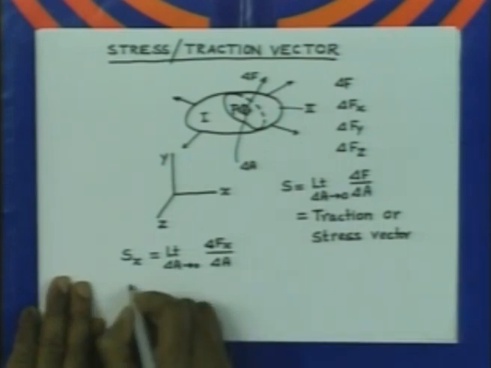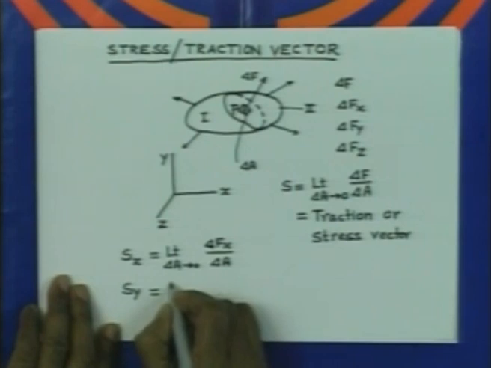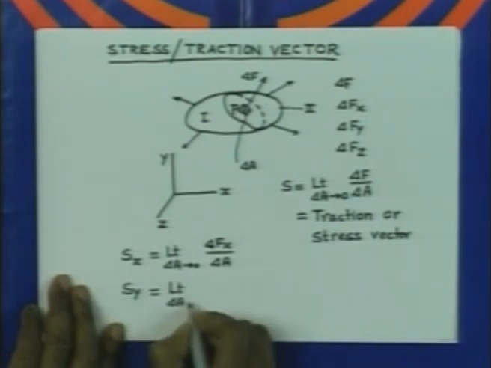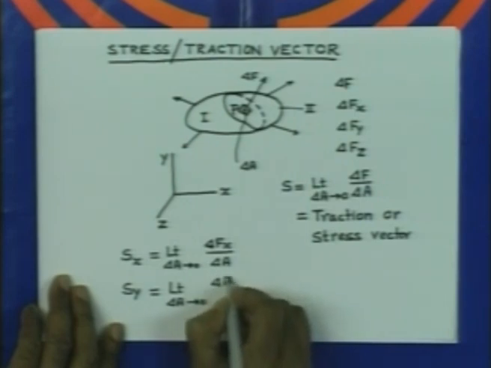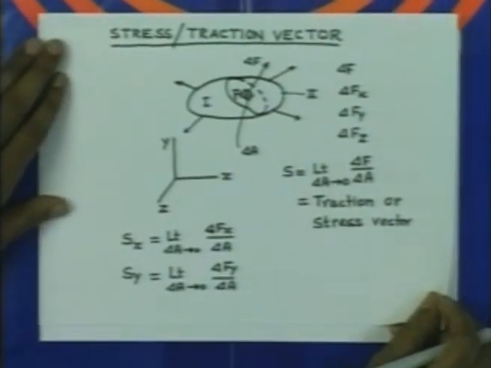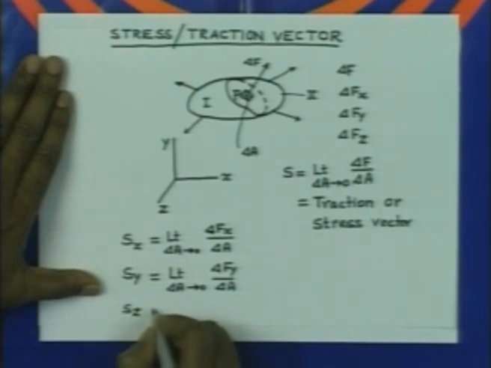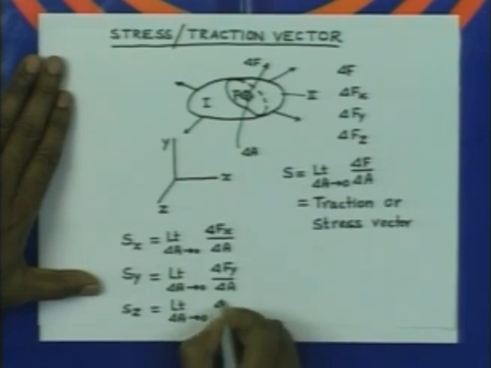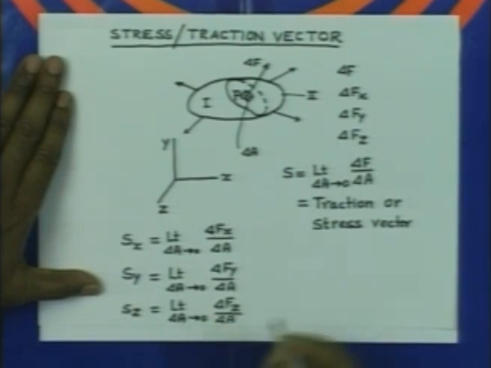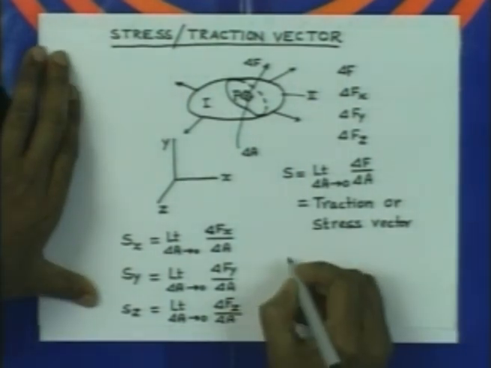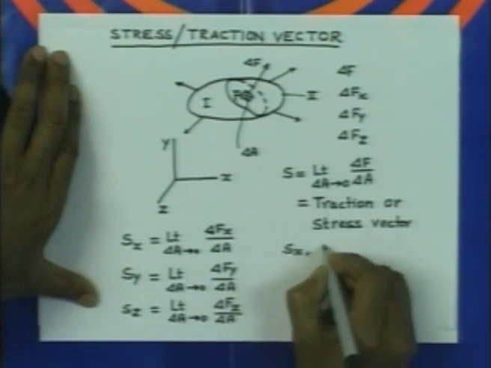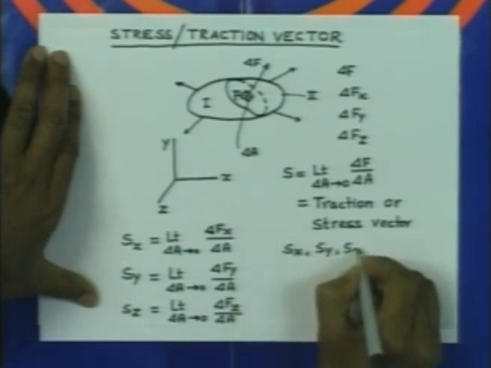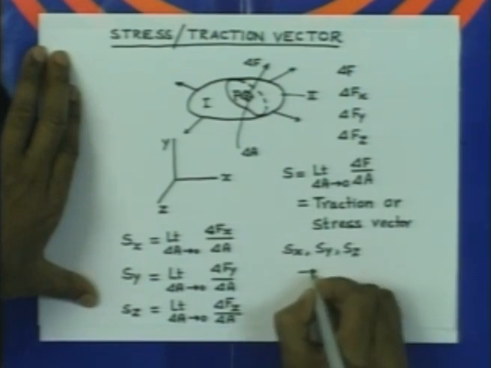Also, we can have Sy, the limit as delta A tending to 0 of delta Fy by delta A. Similarly, Sz, the limit as delta A tending to 0 of delta Fz by delta A. So, these components Sx, Sy, Sz, they are known as traction components.